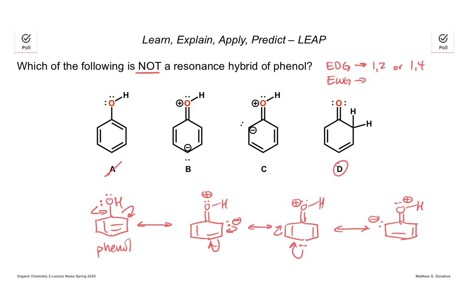There's no 1,5. Well, I mean, we call it 1,3 because 3 and 5 are equivalent. So 1,3. So an electron withdrawing group is going to go where the electron donating does not. And that will also be explained through the resonance argument.